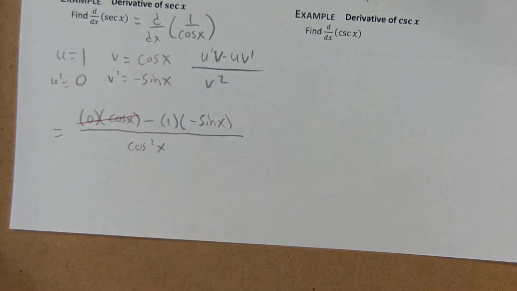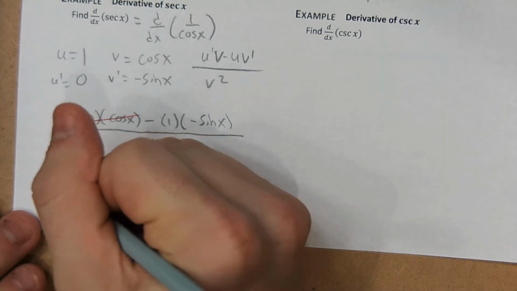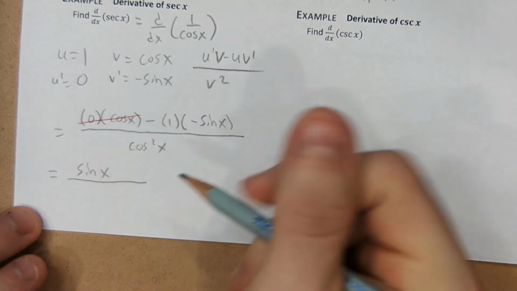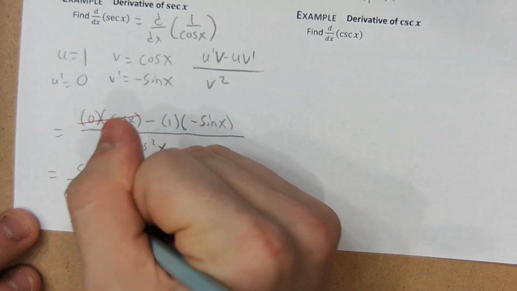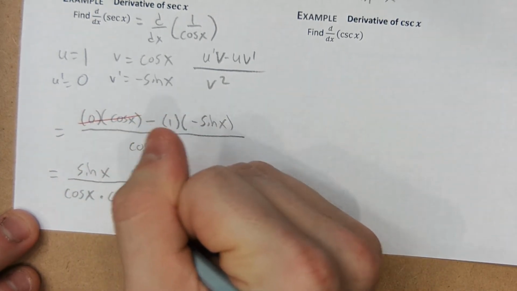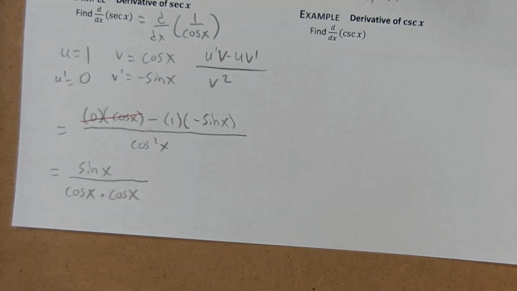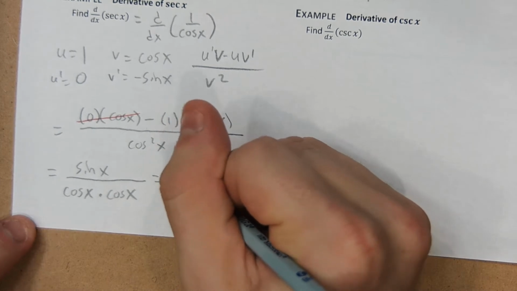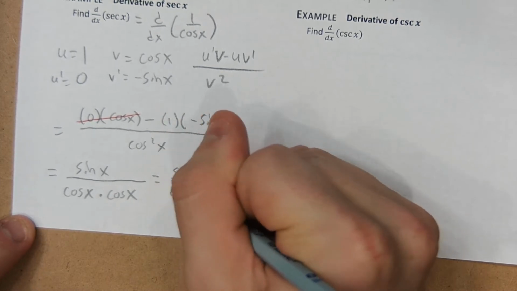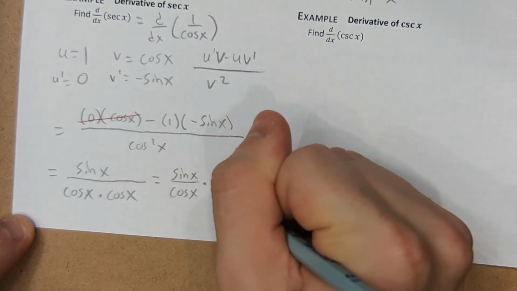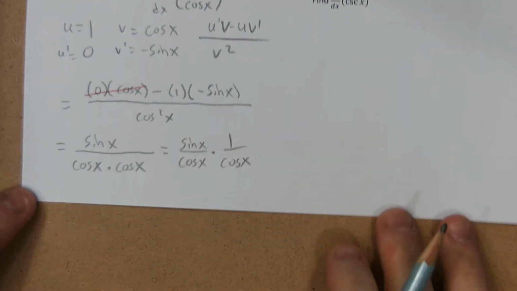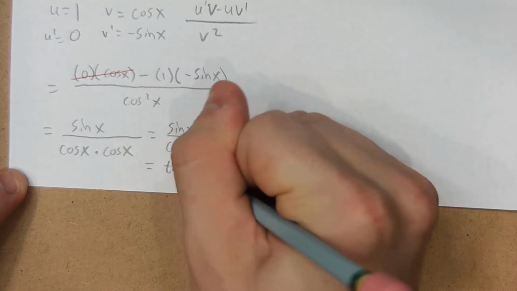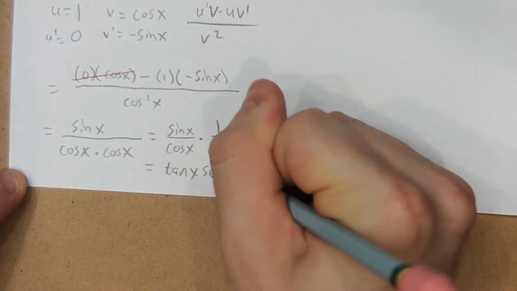It's going to leave me with sine x over cosine squared x. But instead of saying cosine squared x, how would I say cosine x times cosine x? Because if I write it like this, I can split this up into sine x over cosine x times 1 over cosine x. And that is where we get tangent x, secant x. Ta-da!